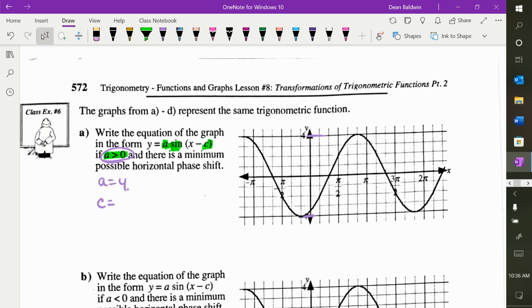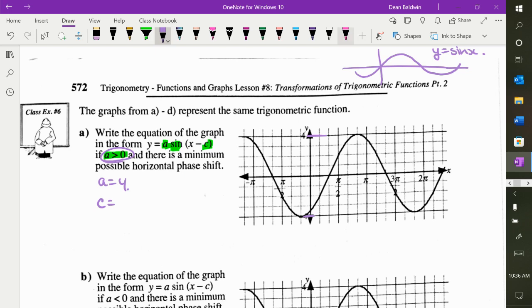All right. So the regular old straight up, haven't done anything to it sine graph looks like this. There's y is equal to sine x. Now, what's the midline of a regular sine graph when you haven't shifted it?